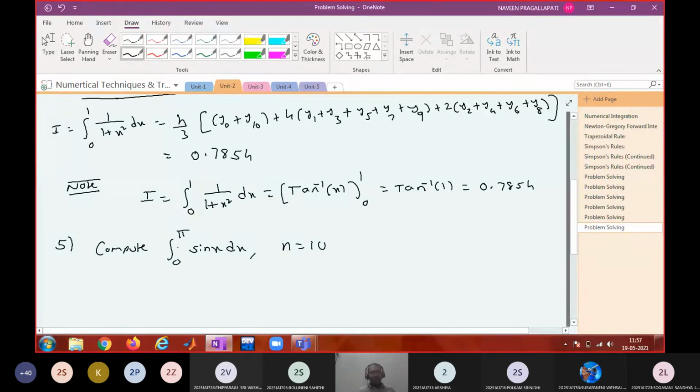So you apply both the trapezoidal, Simpson's 1/3 rule, and Simpson's 3/8 rule.